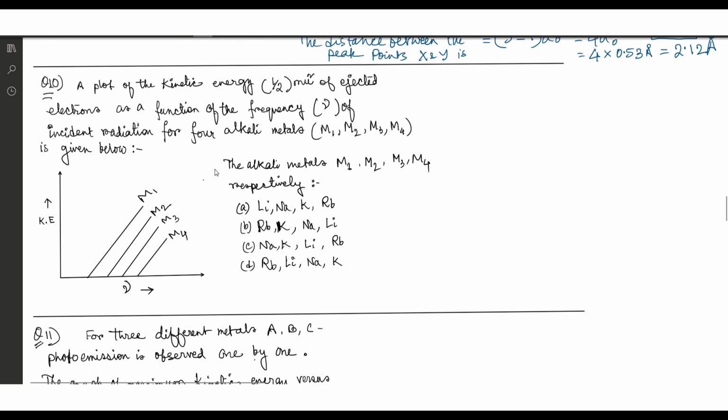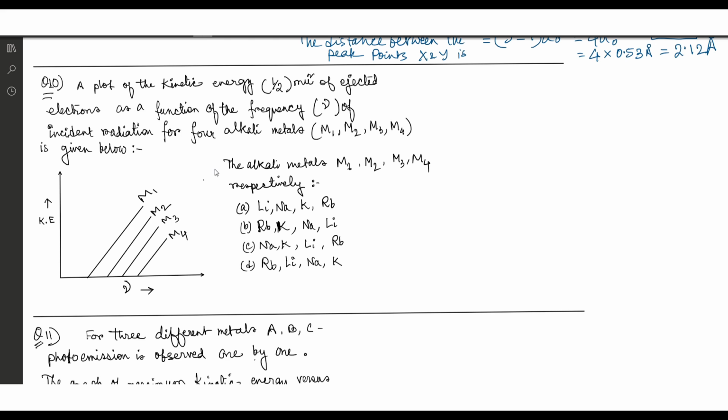This is the next question. Here is a plot of kinetic energy of ejected electrons as a function of the frequency of incident radiation for 4 alkali metals. We have to choose from these 4 options A, B, C, D, which option would be correct for M1, M2, M3, M4 in the given graph.